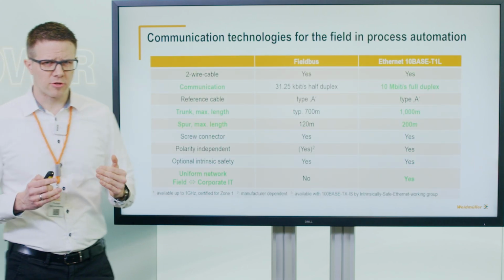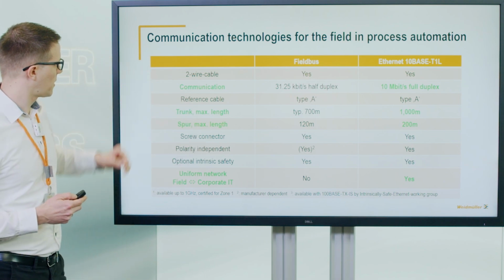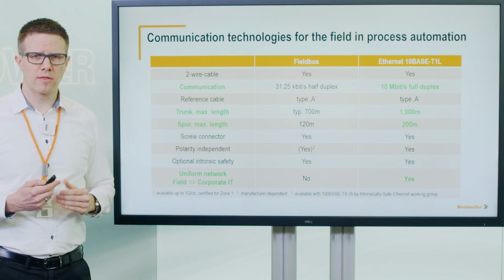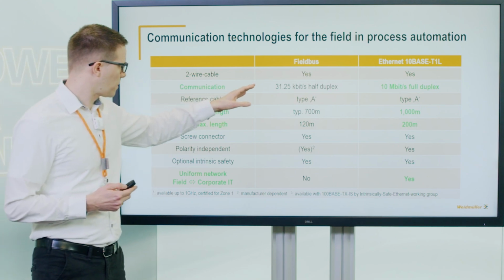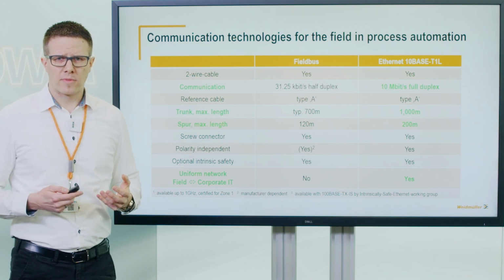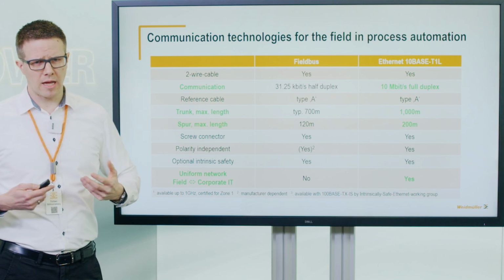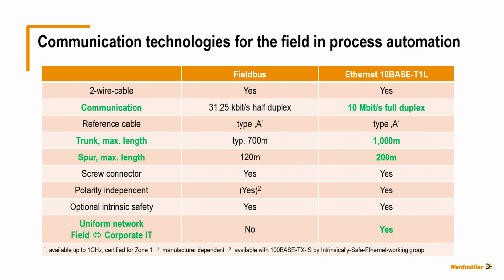So now what is the difference between a field bus and Ethernet? We can see, of course, both are a two-wire cable solution, but then there are certain differences, like communication speed. Whereas the field bus is working at 31 kilobit per second half duplex, the Ethernet 10BASE-T1L, which is Ethernet-APL, is working at 10 megabit per second full duplex, which is really, really fast.